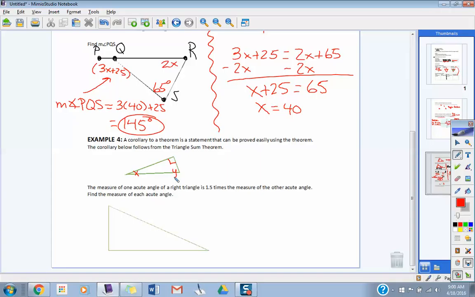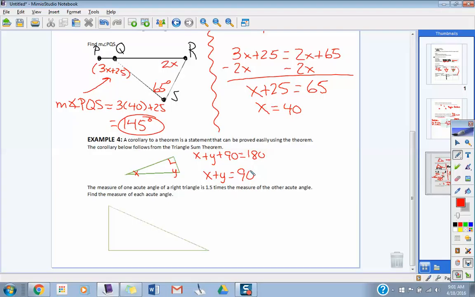On this triangle, x plus y plus the 90-degree angle would equal what value? So the corollary says if you have a right triangle, then x plus y would have to add up to what value, guys? 90. If you subtract 90 from both sides, don't you end up with x plus y equals 90? You guys agree with that? Okay.